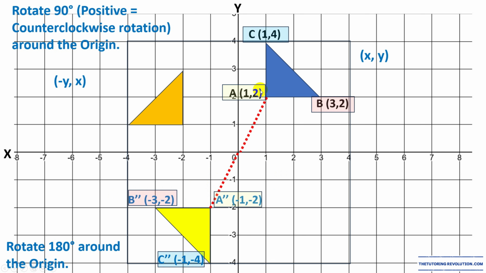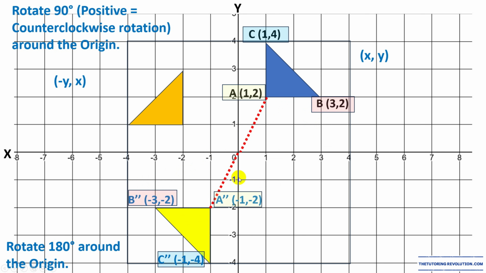So we see here that when A is (1, 2), A double prime is (-1, -2). When B is (3, 2), B double prime is (-3, -2). So what we're seeing here is that we use the same numbers, but we make both of them negative.